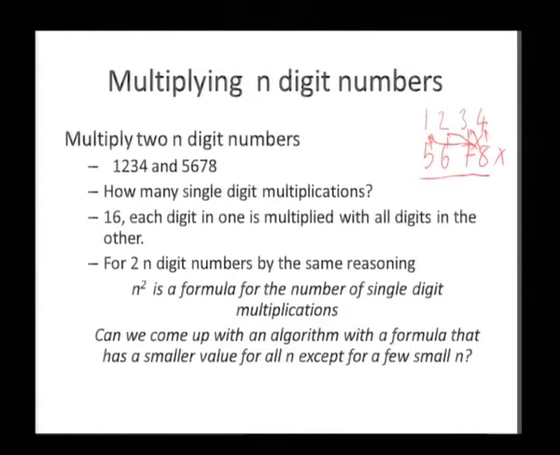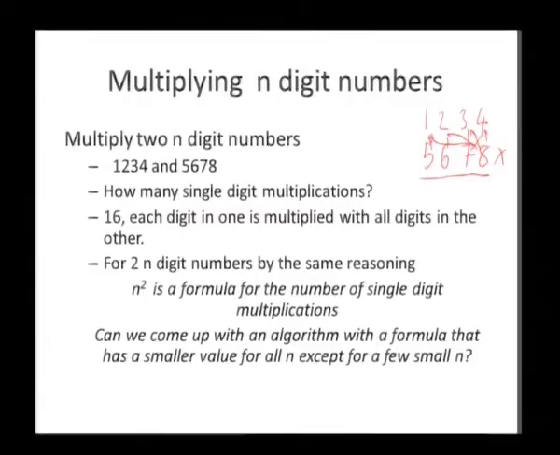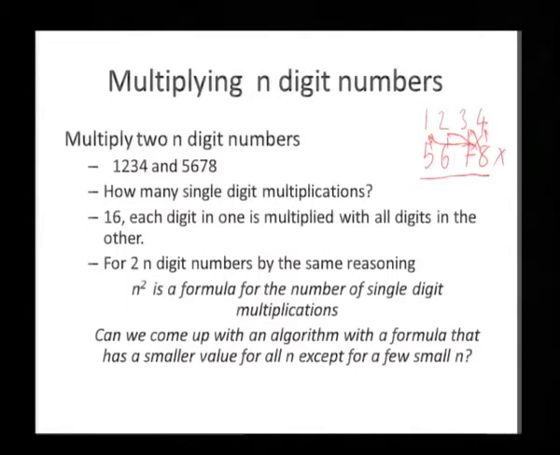I repeat this, the exercise now is to come up with an improved algorithm. What do we mean by an improved algorithm? We want to design an algorithm, and also analyze it and come up with a formula for the number of operations performed by the algorithm. What property do we desire from such a formula?